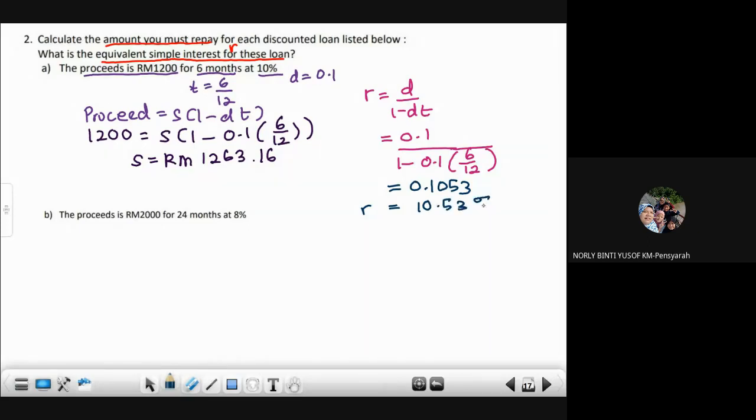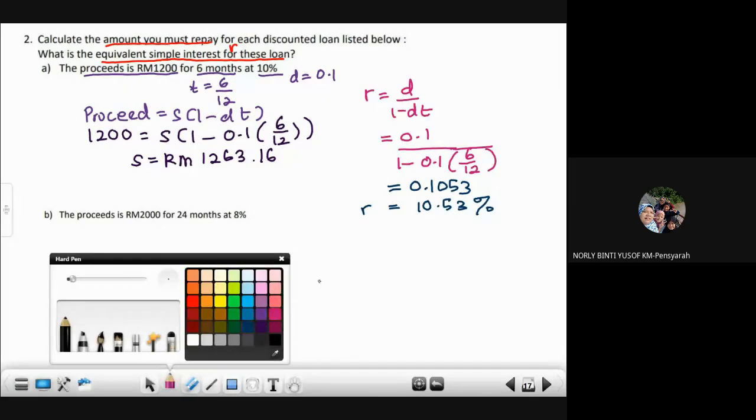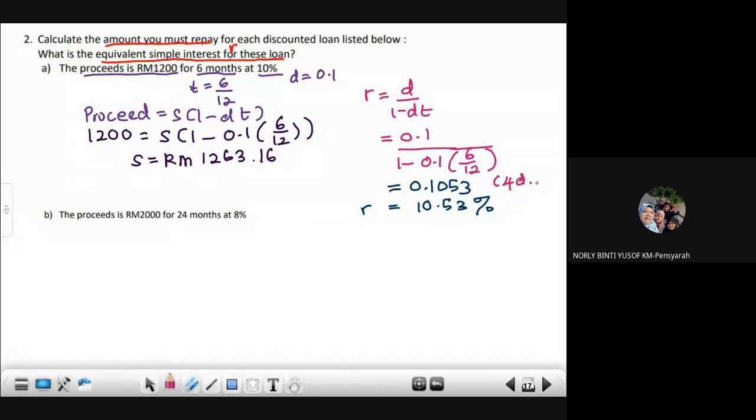So akan dapat percentage you betul. Ini in 4 decimal places, ini in 2 decimal places. Ini penting lah yang you punya nilai R tu dalam 4 decimal places. Jadi you dapatlah amount you must repay tu adalah you punya S. So S dapat, R pun dapat.